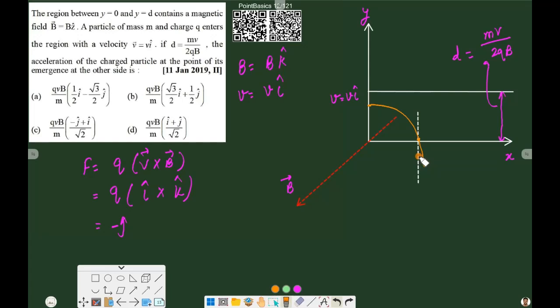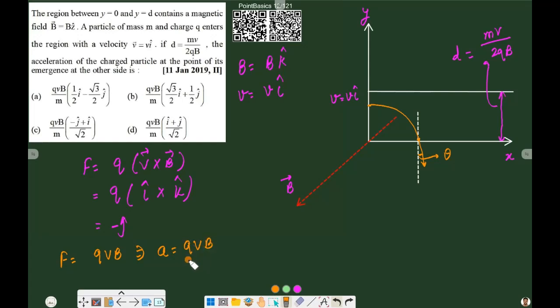So what we have to find out is this angle theta. If we are able to find it, then we will be able to find the acceleration, because we know that force on a charged particle is given by q v b sine theta. Here the angle between velocity and magnetic field is 90, so force will be q v b, and from this acceleration will be q v b by m.